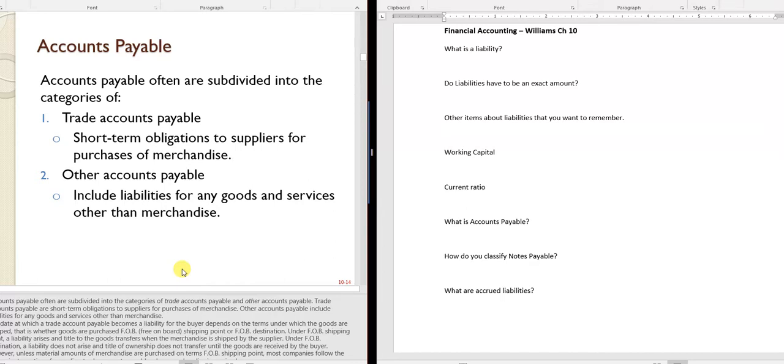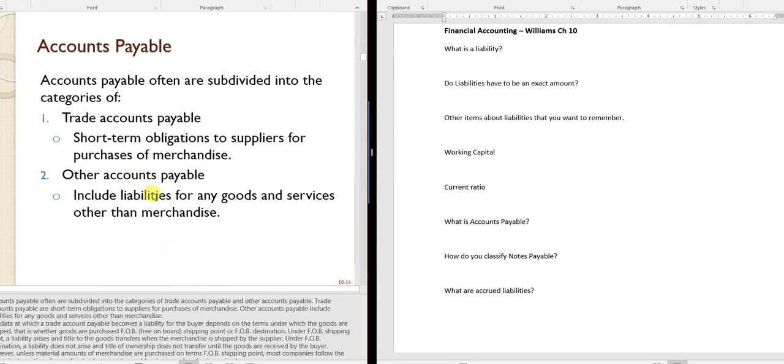If I'm Quincy University, I may have an account with uniform manufacturers, Nike shoes, whatever. I tend to buy a lot, and I want to have it on account, and then I pay them off on a regular basis. So a trade account is what I'm in business for and buying. It's not an unusual thing like notes payable. These are just people I buy from repetitively, and I set it up on account.